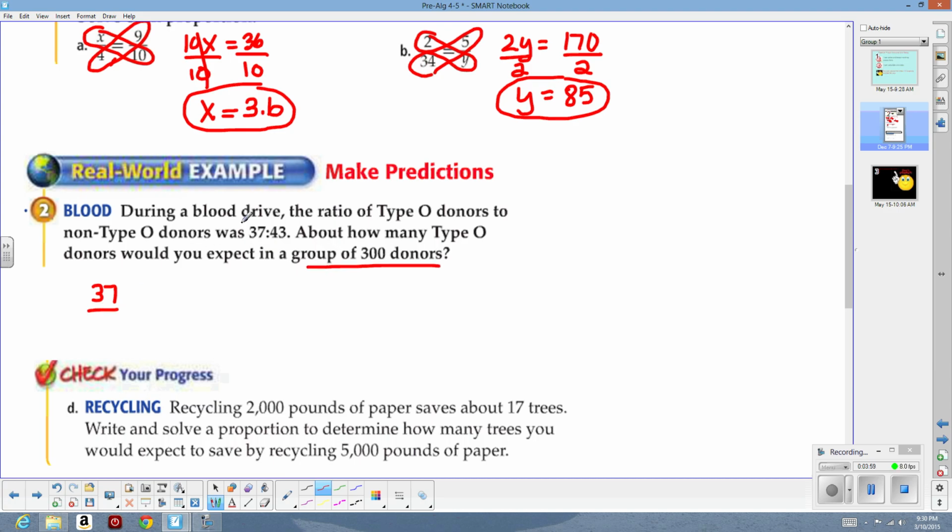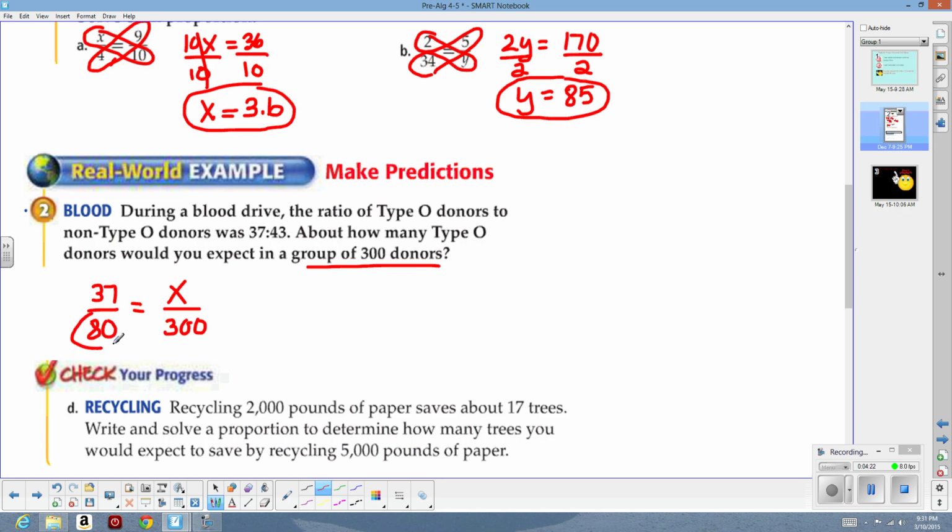So if there were 37 with type O and 43 with non-type O, that's a total of 80 people. So 37 had type O out of 80 total, and we want to know how many would have type O out of 300 total donors.